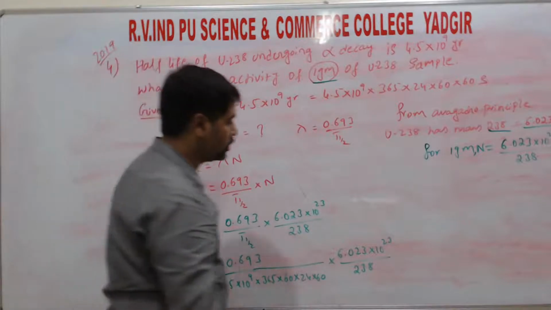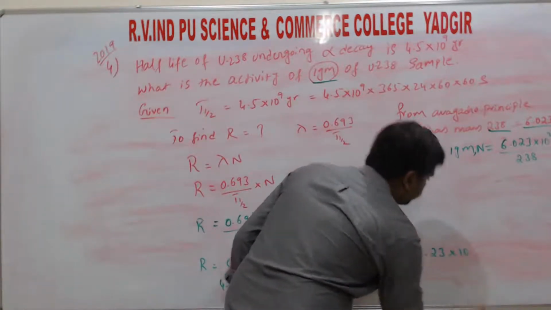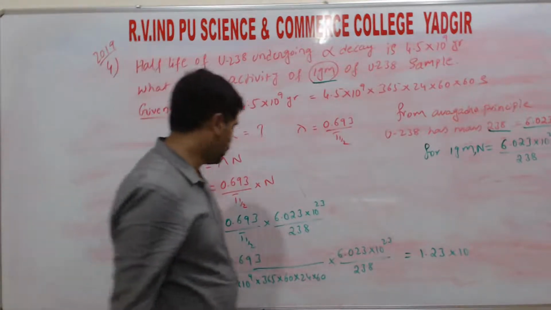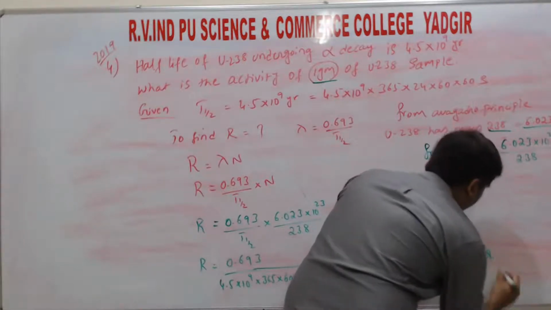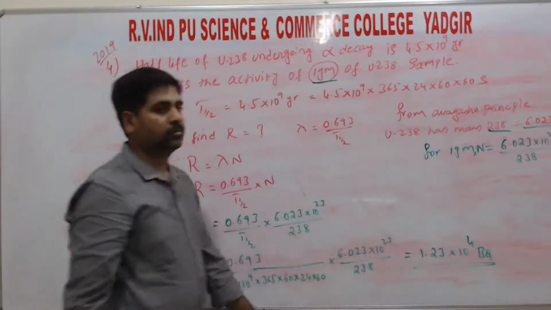So we get the answer 1.23 into 10 to the power of 4 becquerel. Right? So this one is the final answer.